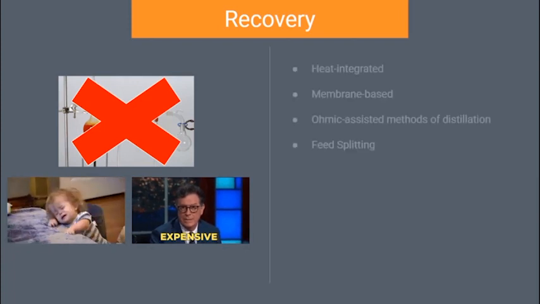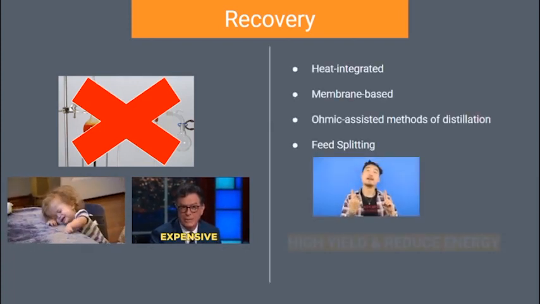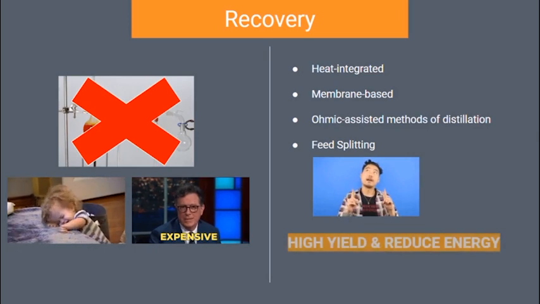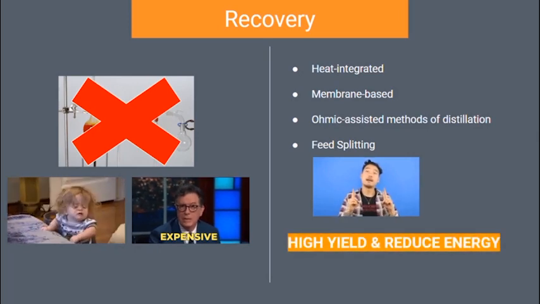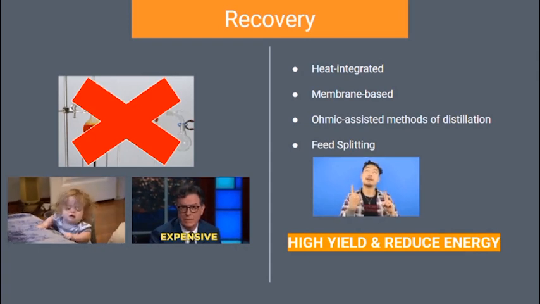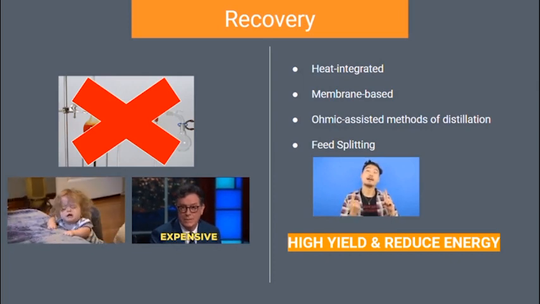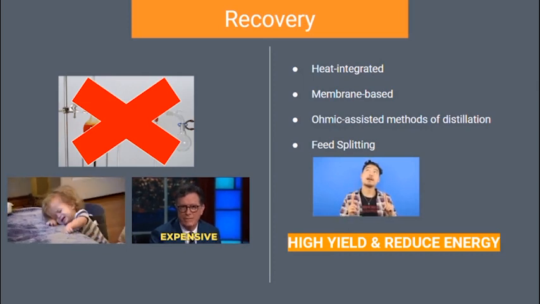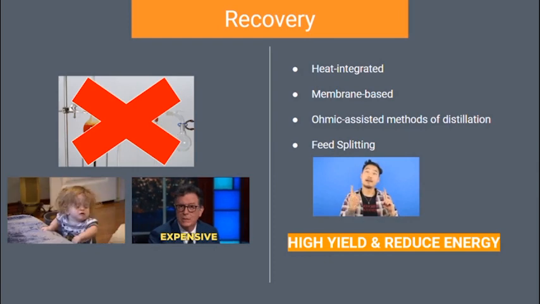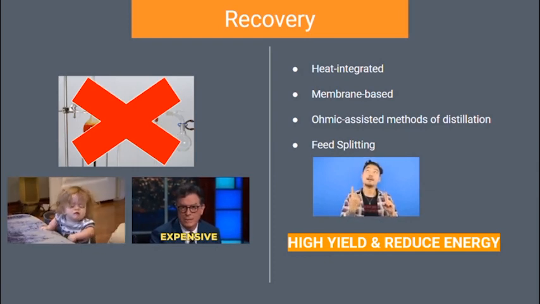Therefore, we propose different energy-saving alternatives, which include heat-integrated, membrane-based, feed splitting, and ohmic-assisted methods of distillation. From this, it was found that feed splitting, which involves the use of a heat exchanger to heat the feed flow by cooling the bottom product flow, is preferred because of the high ethanol yield, which was 99.2%, and also because it reduced energy usage by 27%.